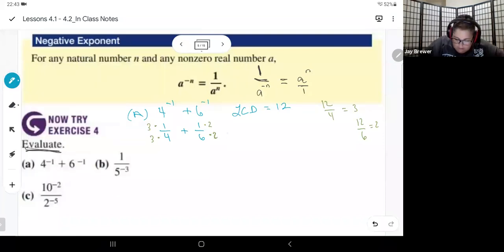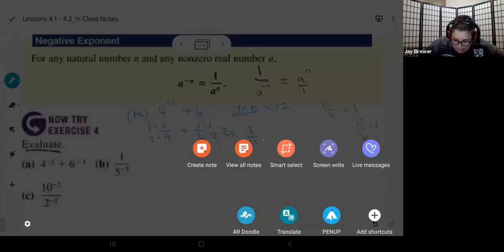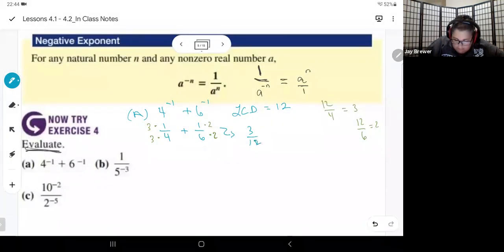You're going to get 3 over 12 plus 2 over 12. And that's going to give you an answer of 5 over 12.